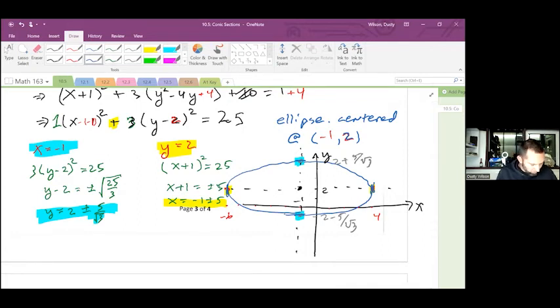The only question that remains, I believe, is finding the foci of the ellipse. So we found the vertices, but we also have to find the foci. And so we are in the case of the horizontal shaped ellipse.